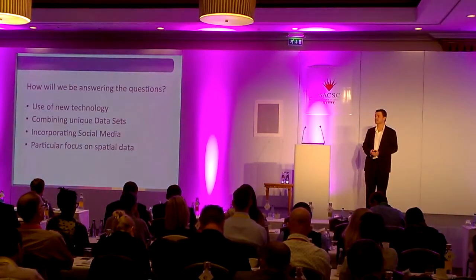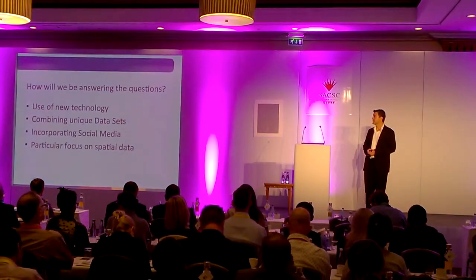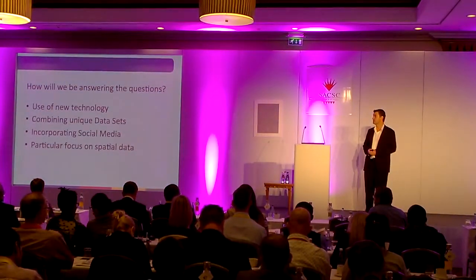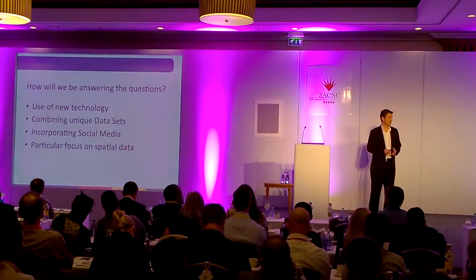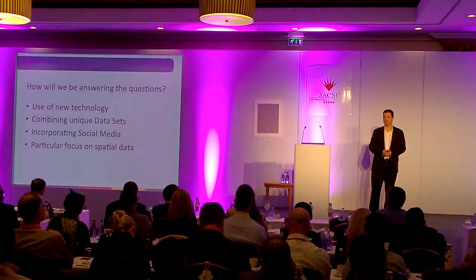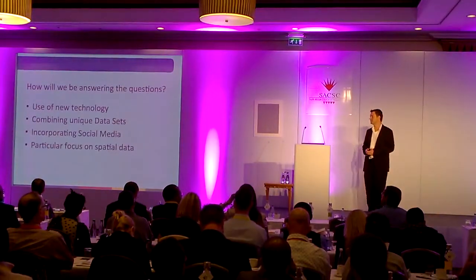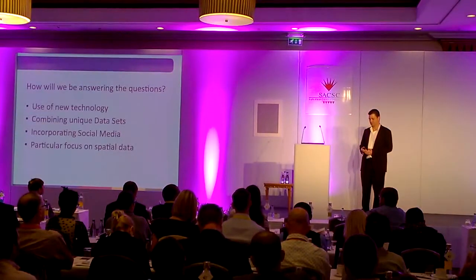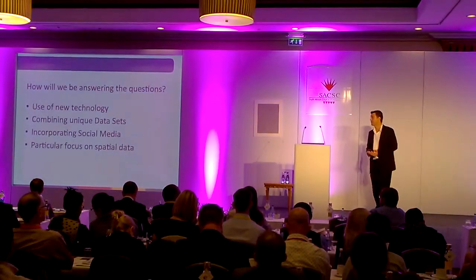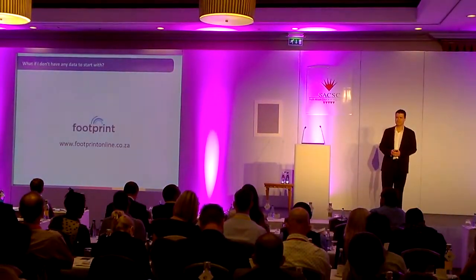We've also got access to new vehicle sales data. So we're going to use those data sets, and we're going to look at some social media. We just heard today quite a lot about how important social media is and how socially connected we are as people. Again, just to confirm, we're focusing on the spatial data aspect.